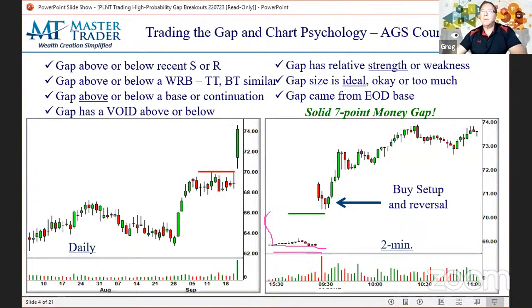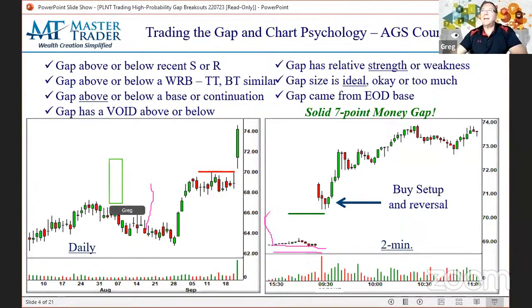Whereas what if the daily bar was like this, right? That's your daily bar. Let's change this a little bit to make it a little more intuitive. And this is your daily bar.